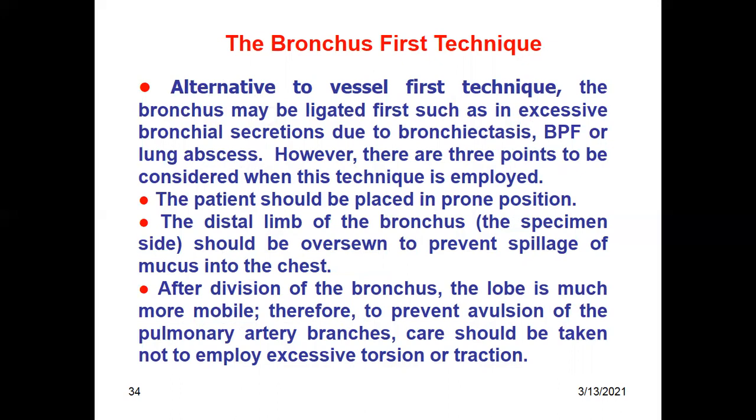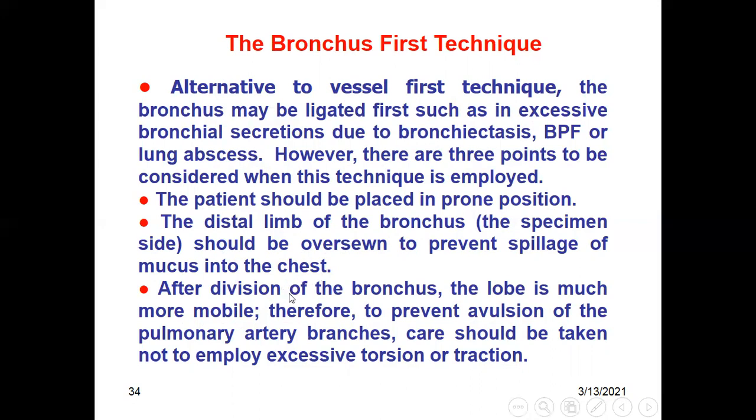There are 3 points to be considered when we decide to use the bronchus first technique. First of all, the patient should be placed in a prone position, and when the distal limb of the bronchus is divided, it should be over soon to prevent spillage of pus or mucus into the chest.